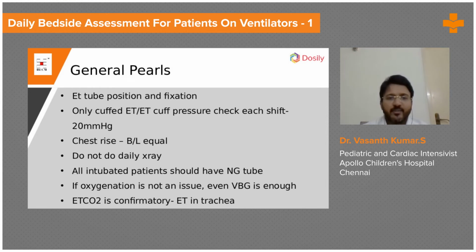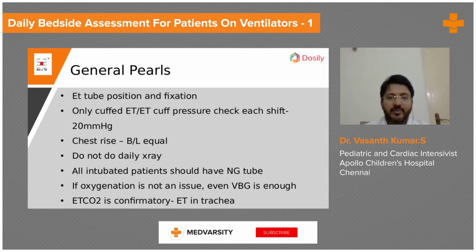So what is EtCO2? EtCO2 is end-tidal carbon dioxide. It indicates whether the endotracheal tube is in the trachea or in the esophagus. If you get an EtCO2 trace, that means your tube is inside the trachea. That is confirmatory.